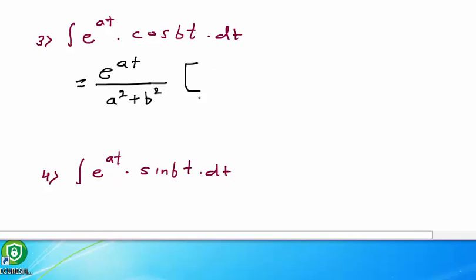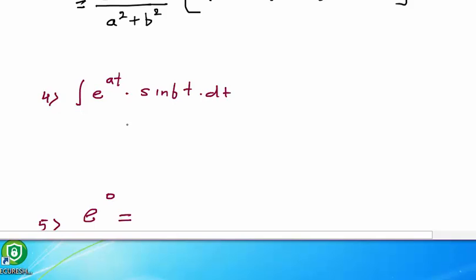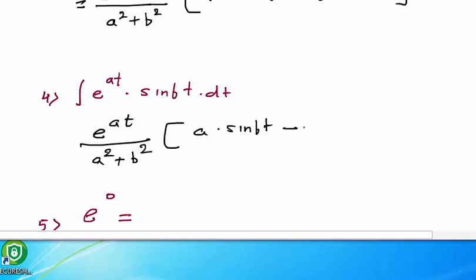So the integral is e power at upon a square plus b square, into bracket a cos bt plus b sin bt. Similarly, for e power at into sin bt, it is e power at upon a square plus b square, into bracket a sin bt, and minus, keep in mind that here I am using minus, b cos bt.